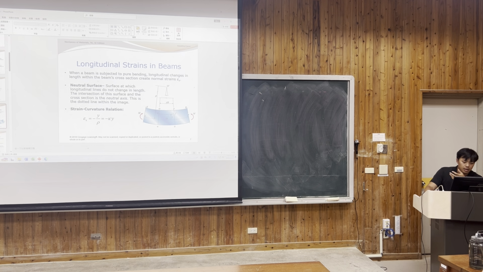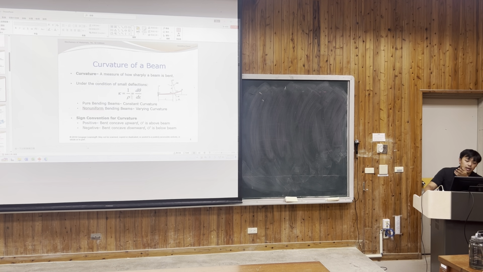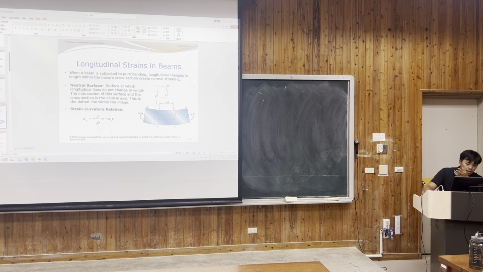So you can see, negative kappa times y will equal negative y divided by this part. So it will be the definition of the epsilon x. So that's the longitudinal strain.